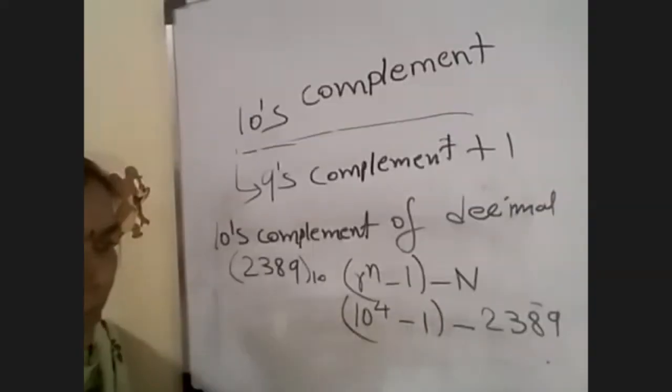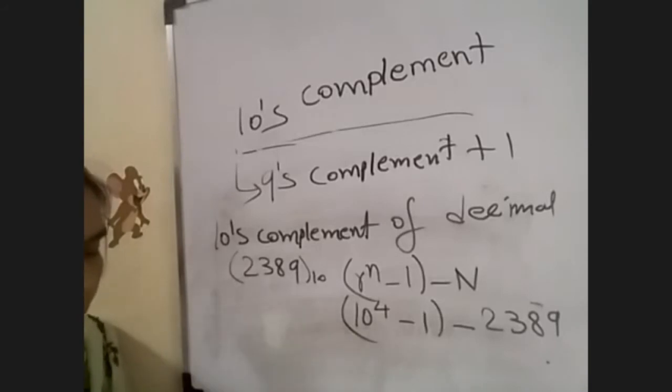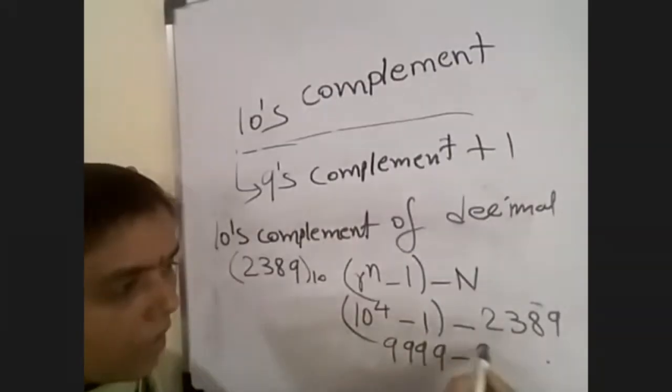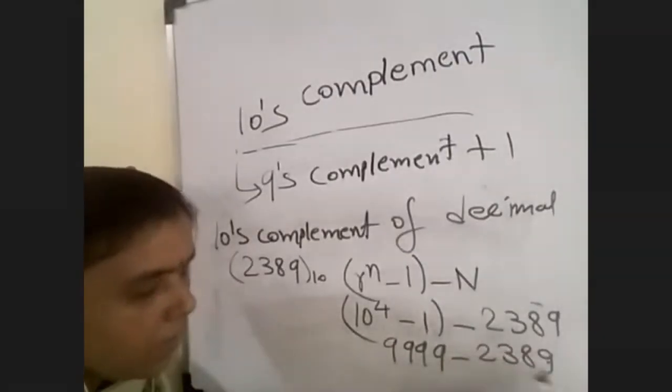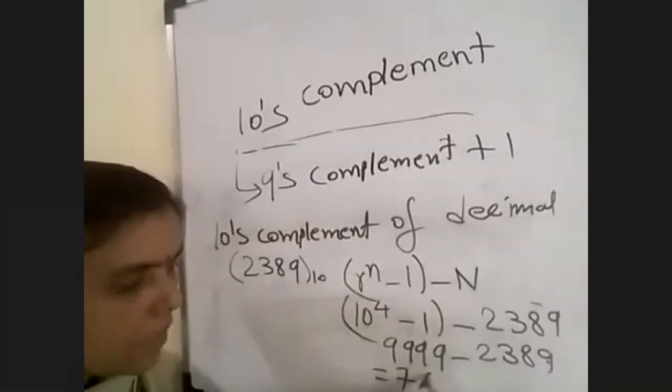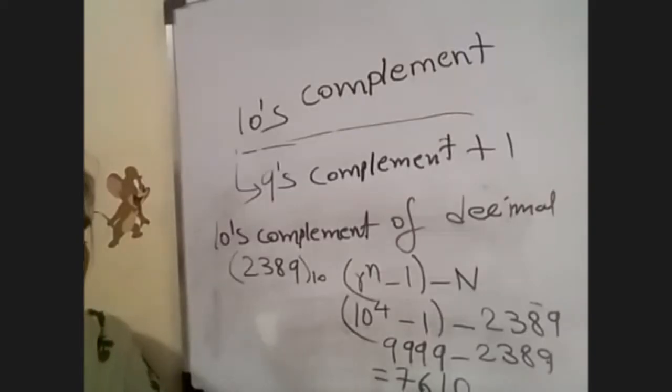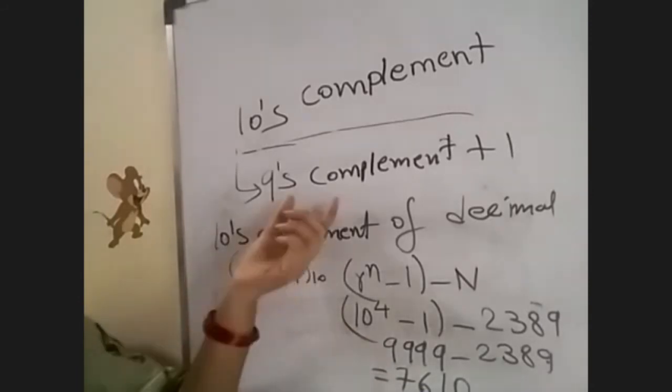10 to the power of 4 is 10,000. 10,000 minus 1 means four nines, 9999. Four nines minus 2389 gives 7610. This is the nines complement value.